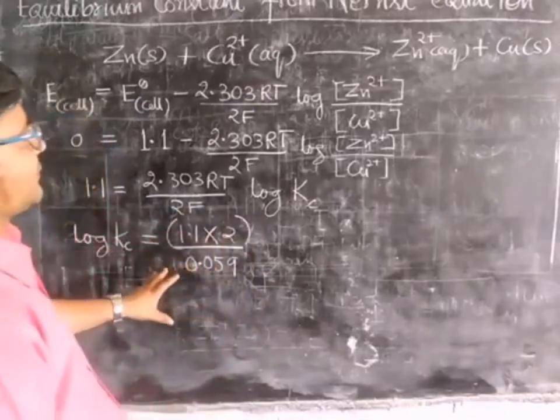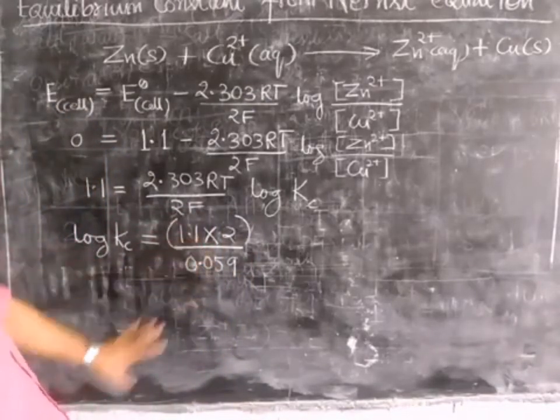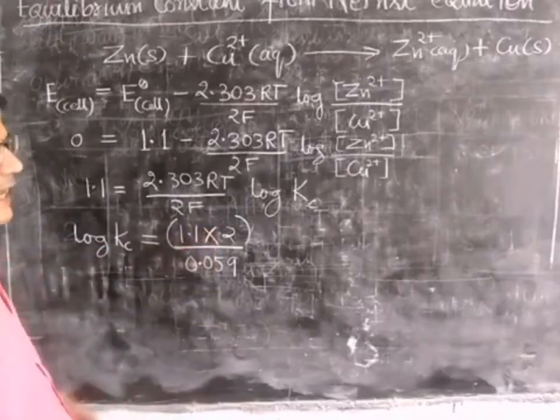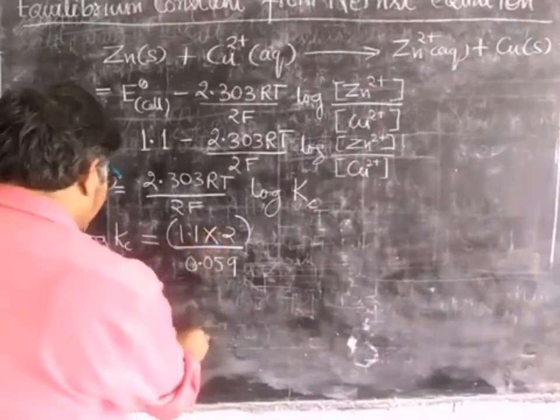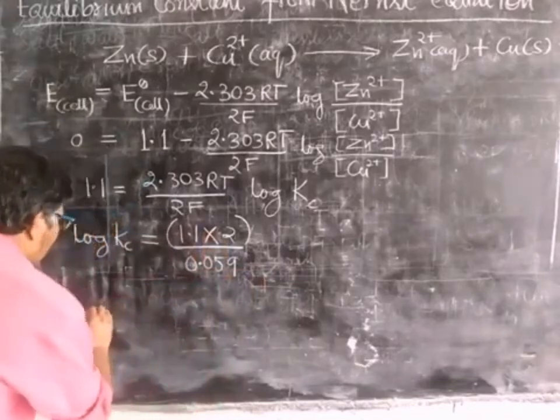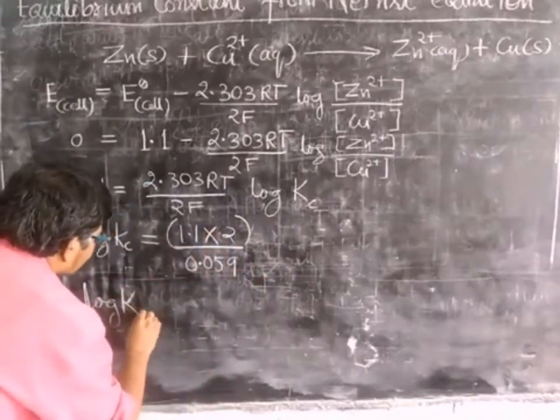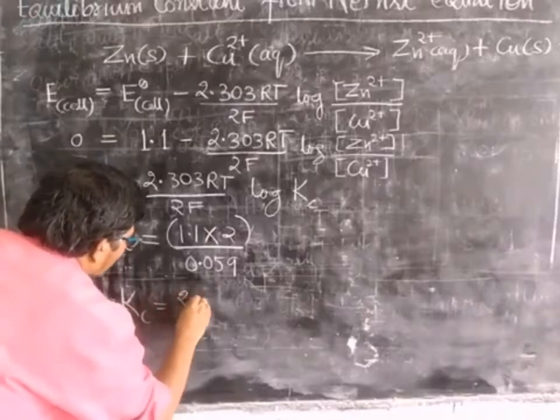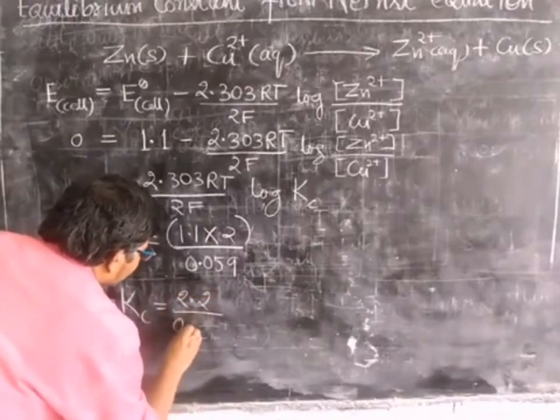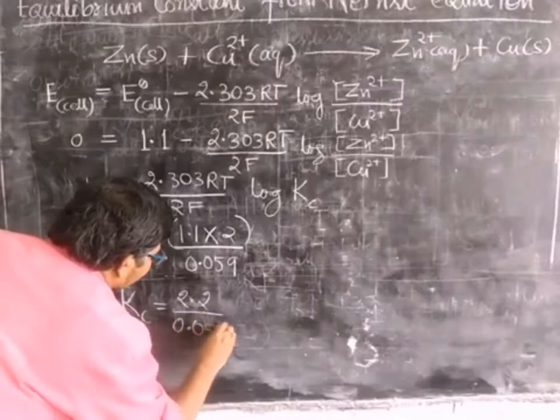So, and then we have, do we have anything? No, we don't. And then we have to calculate this value. This is going to become log Kc is equal to 2.2 divided by 0.059.